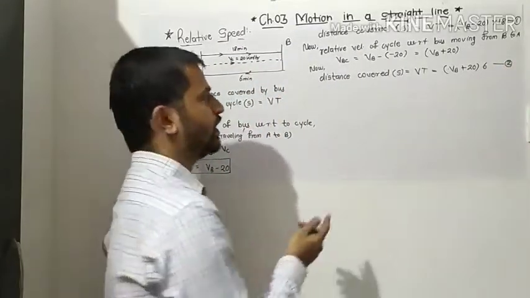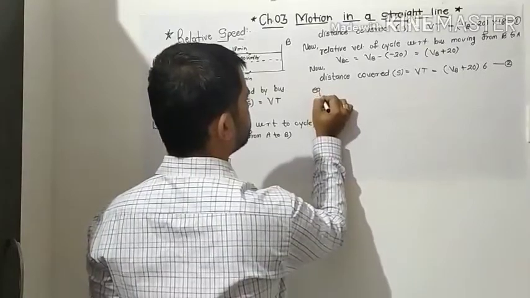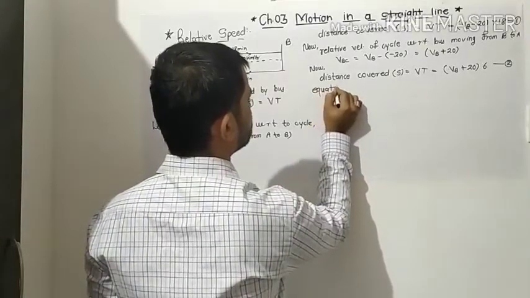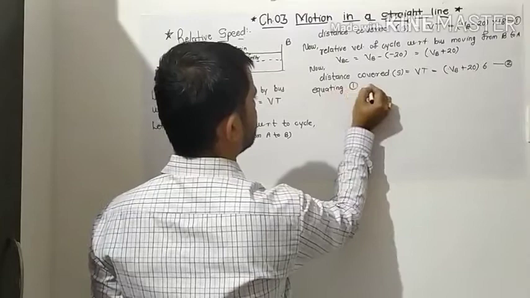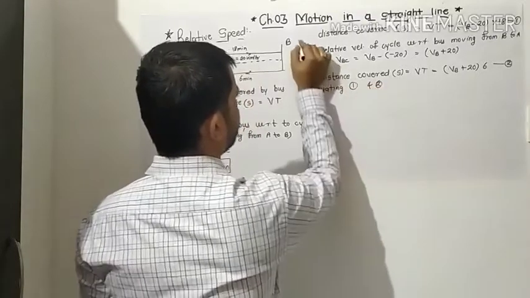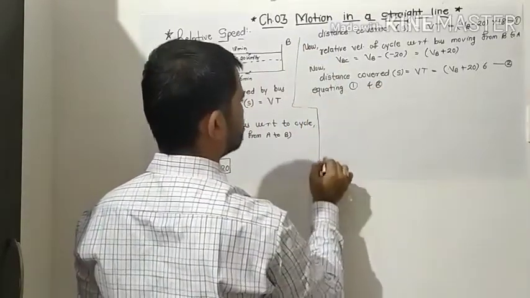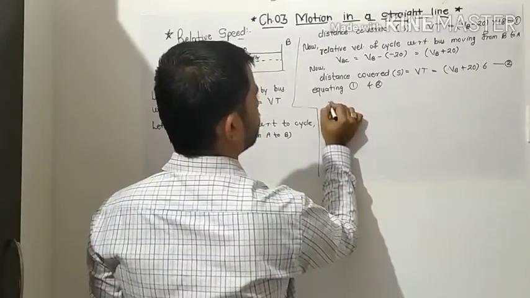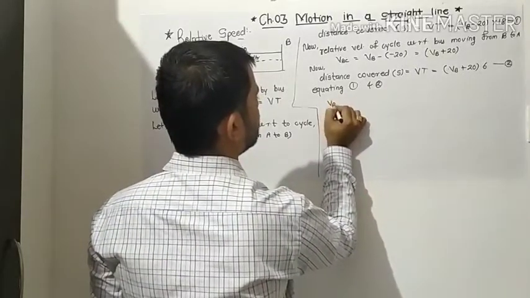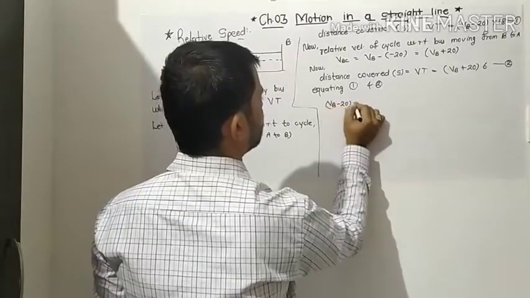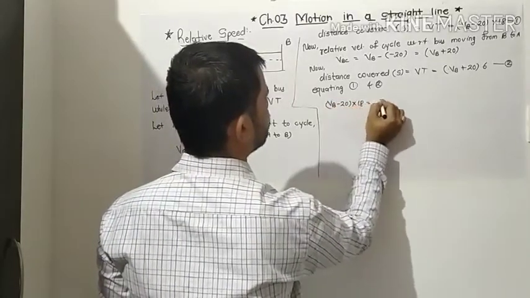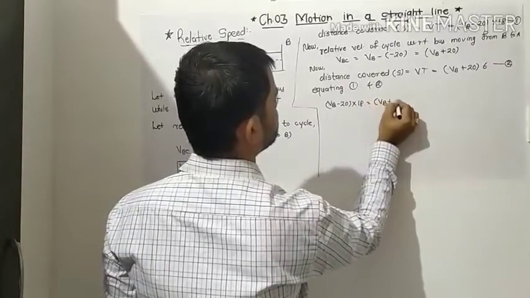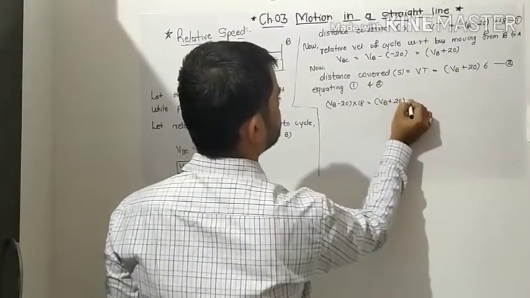Okay, so equating 1 and 2, we will get VB minus 20 into 18 is equal to VB plus 20 into 6.